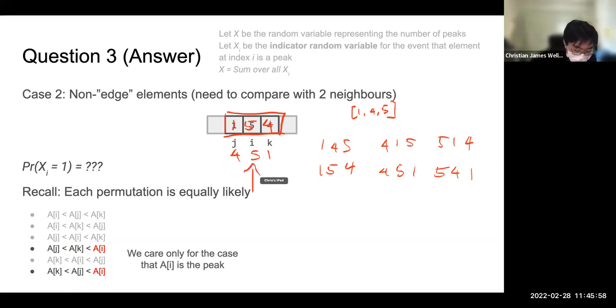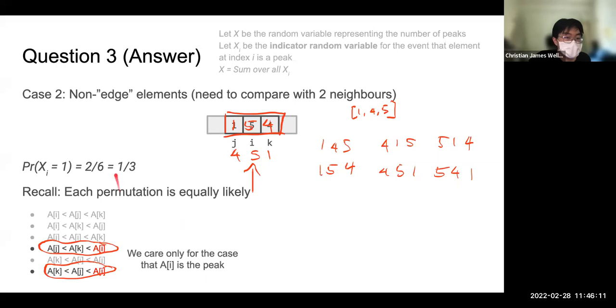So we only care about these 2 cases, and this gives the probability that AI is the peak. 2 out of the 6 cases give us a peak for the non-edge elements. So the probability that this element in the center, the non-edge element, is a peak is 1/3, because every permutation is equally likely.